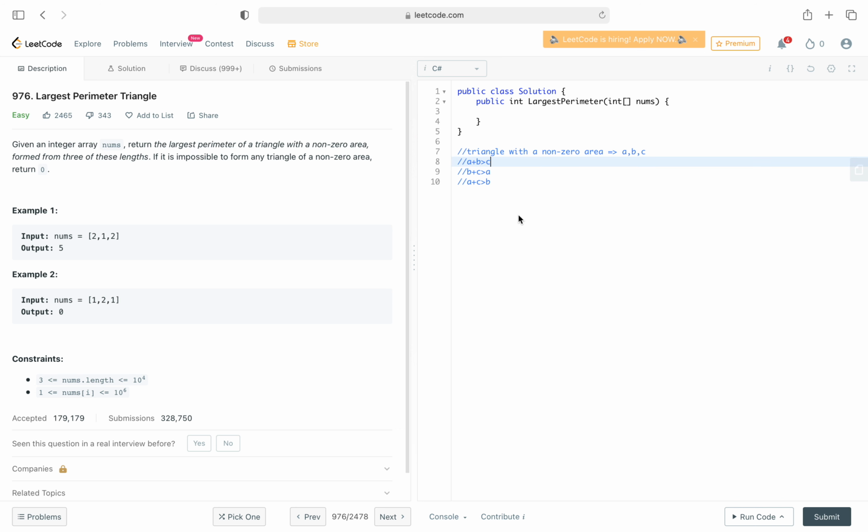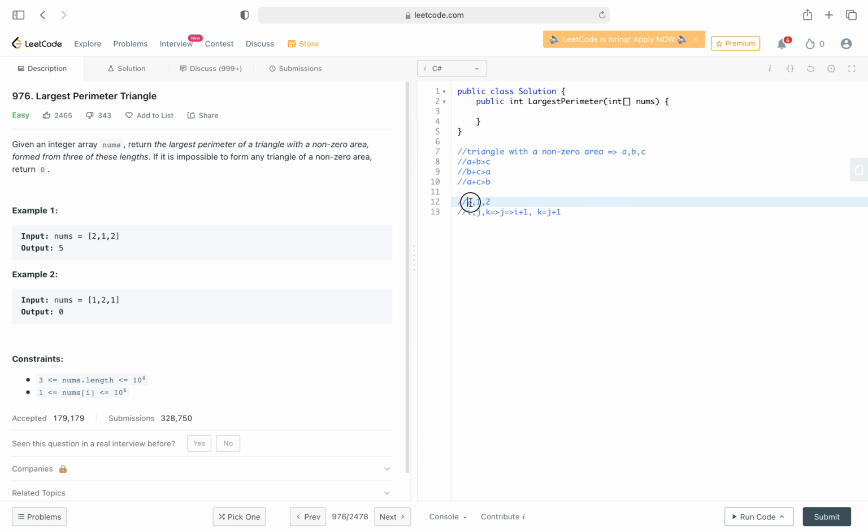So the way we can do it is we can loop over every element in the array. I will have the index I, and then I will point to the second side as j, and then k. So j is going to be I plus 1, and k is going to be j plus 1.